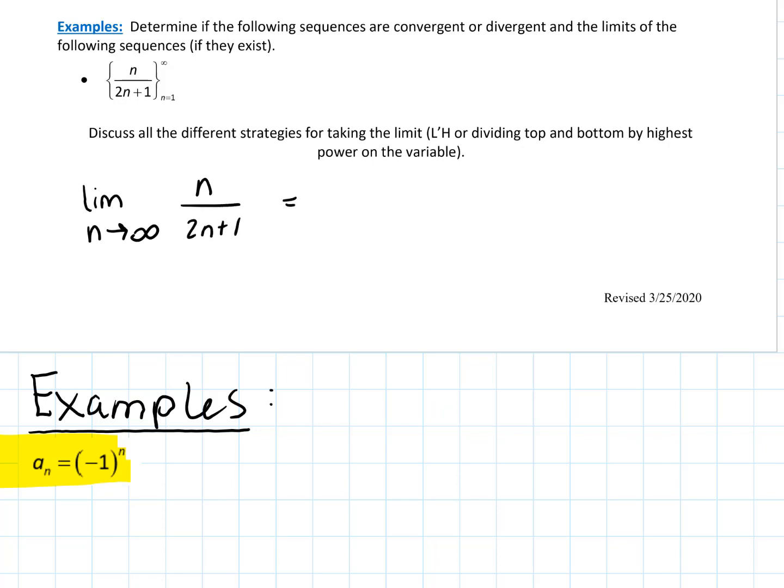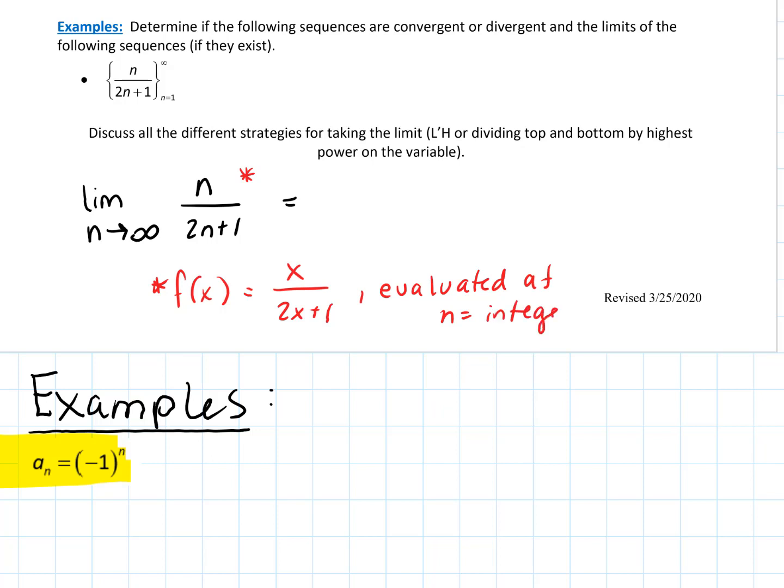We can do this because there is a function, f of x equals x over 2x plus 1, that we can take the limit of, evaluated at n equal to an integer. So we are essentially just restricting the domain of this function and taking the limit of that function.